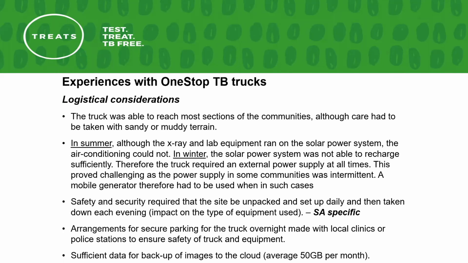While in winter, the solar system was not able to recharge sufficiently because there's no sun. So the truck needed an external supply at all times. This was an extra cost, because whichever community we went to, we had to pay for power supply, and sometimes there could be intermittent power supply. But nonetheless, the mobile vans had generators that we could use when there was no power supply.